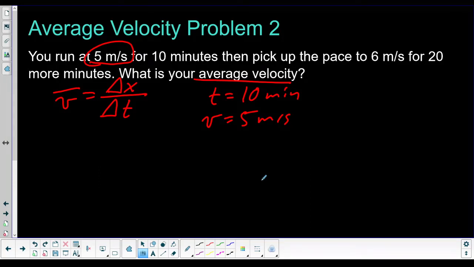Okay. Then you pick up the pace to 6 meters per second for 20 more minutes. Okay. I've already got a time and I've already got a velocity. So let's call this first set time 1 and velocity 1. And let's call these velocity 2 and time 2.